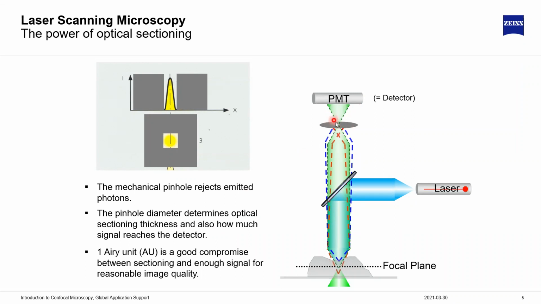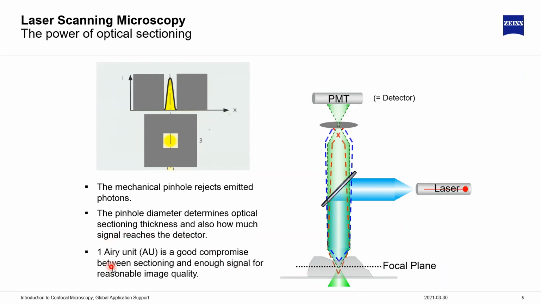So it's letting only the light coming from your focal plane go to the detector. In this way, the pinhole diameter is determining how thick or how thin your optical sections will be, but it also determines how much signal is reaching your detector, because you're basically rejecting the light coming from your sample.